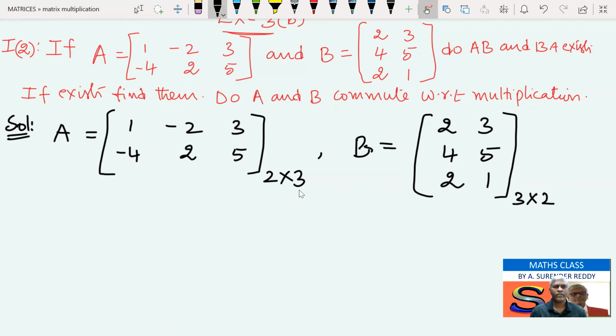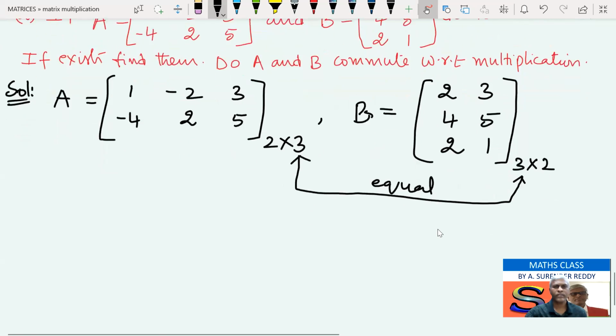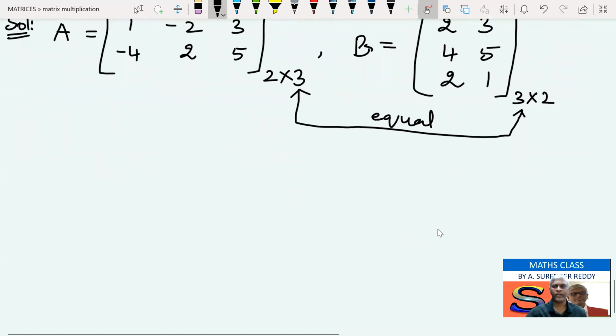Here the number of columns in the first matrix, that is 3, and the number of rows in the second matrix are equal. Therefore, the condition is satisfied. We can multiply them. AB is conformable.